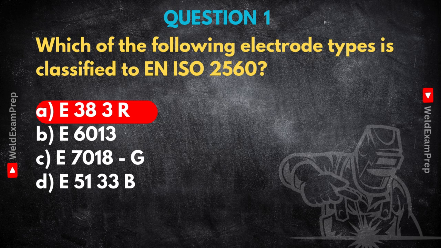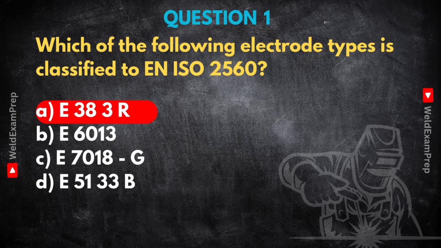Very important. Then the 3, that relates to impact toughness, usually at a specific low temperature, like say minus 30 Celsius. Crucial if it's used somewhere cold. Right, for low temp application. Exactly. And the R tells you the coating type. In this case, it's rutile. So each part gives you specific performance data. Precisely. It's like a spec sheet condensed into a few characters. An inspector needs to decode that instantly.